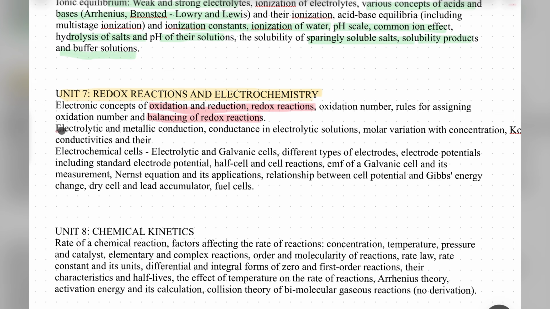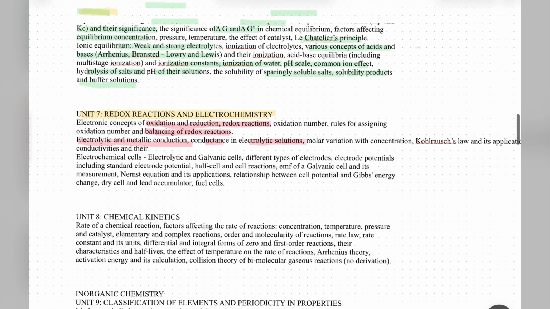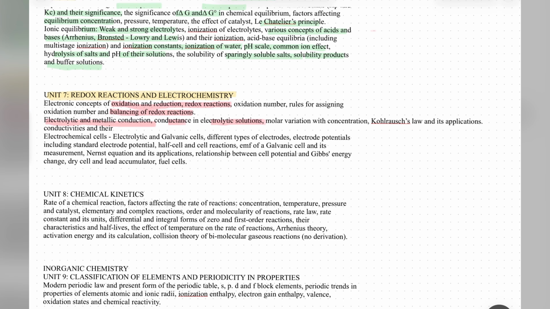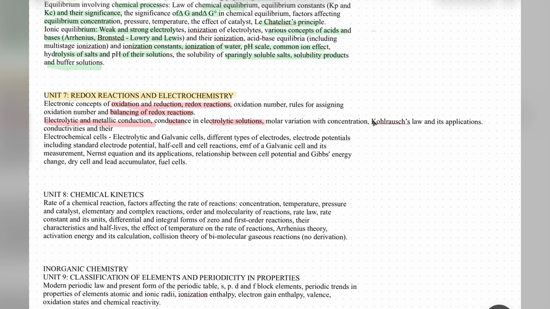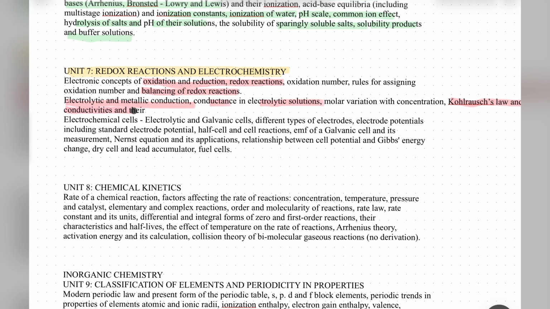And next one, electrolytes, metallic conduction, conductance, and electrolytic solutions, molar conductivity. That is here, Kohlrausch law. See all of you, Kohlrausch law, right? Concentrate here: Kohlrausch law, its applications, followed by conductivities, molar conductance and equivalent conductance. All these things are given. Next, electrochemical cells, electrolytic cell, galvanic cell, and different types of electrodes.